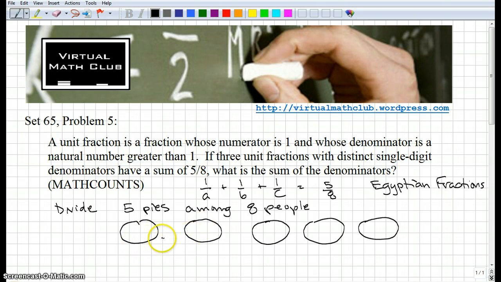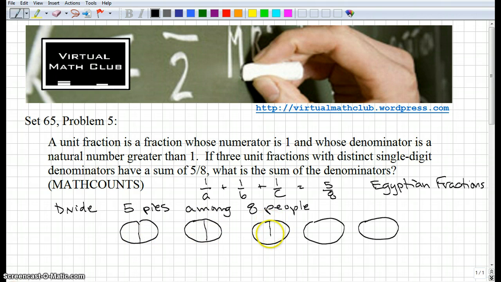They were very practical people, and they would want to give the largest portion possible. They didn't want to cut these things all into little pieces to distribute them. They wanted to make as few cuts as possible, and give people the biggest pieces they could. So they would probably divide these in half.